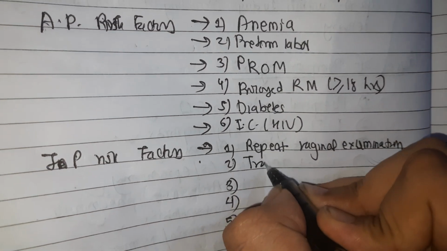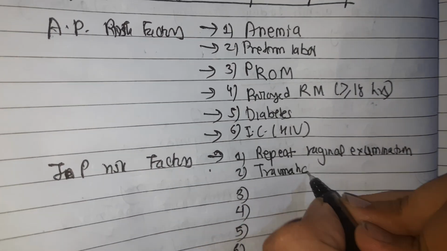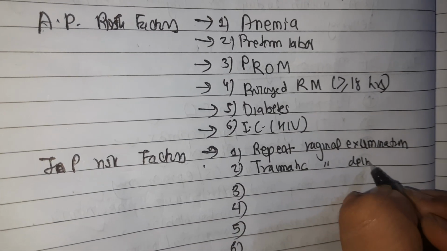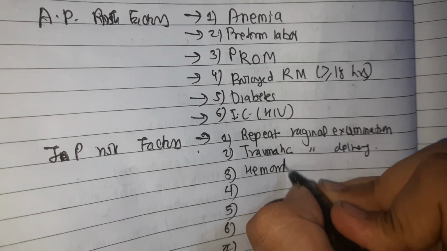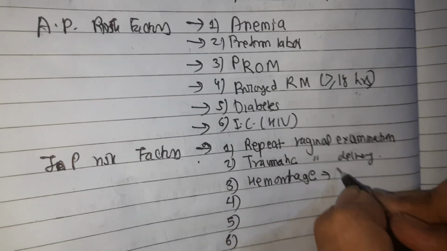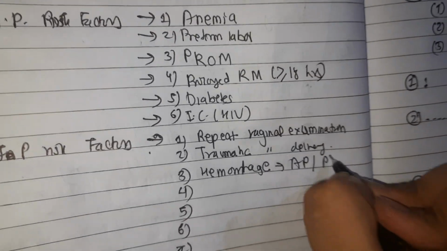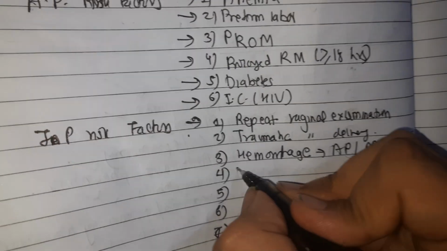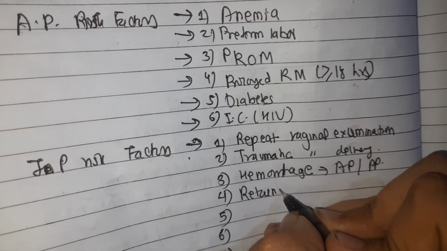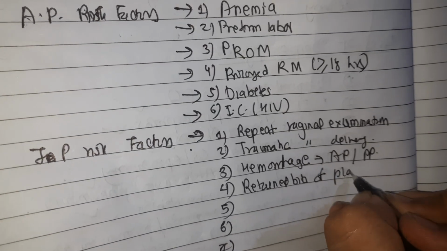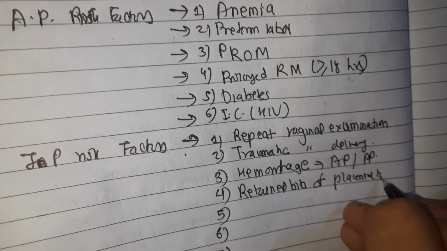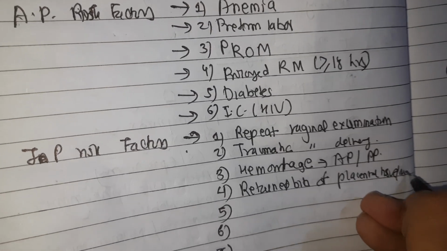We have traumatic vaginal delivery. Next we have hemorrhage, either antepartum hemorrhage or postpartum hemorrhage. And another intrapartum risk factor is retained bits of placental tissue or membrane.